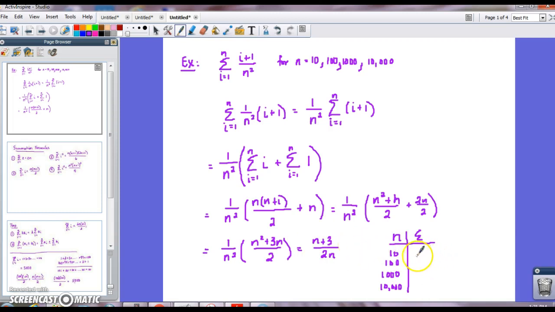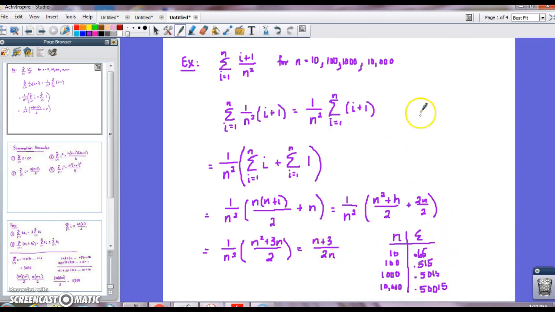And we would end up with 0.65 here, then we'd have 0.515, then you have 0.5015, and then you have 0.50015. And as you see, as n gets larger, our sigma is getting closer and closer to 1/2.